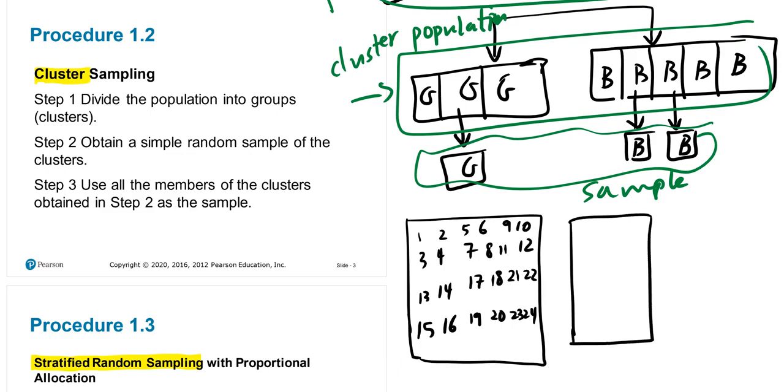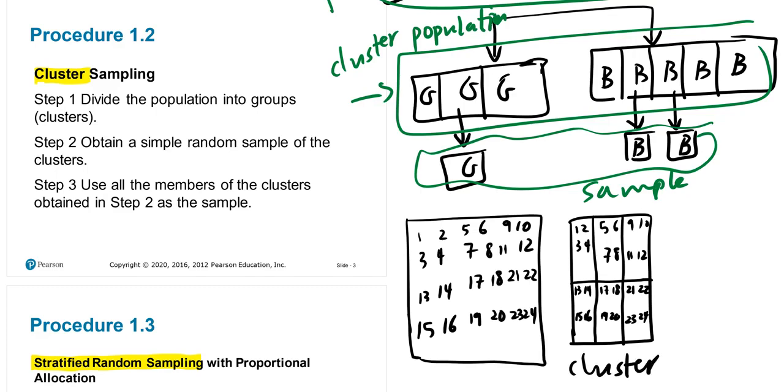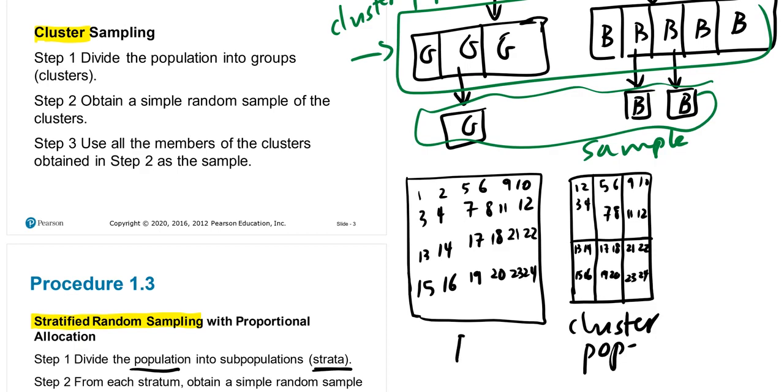So we can get a cluster here. Say I'm going to pick 1, 2, 3, 4, then 5, 6, 7, 8, 9, 10, 11, 12, and then 13 through 24. Now this is the cluster population.